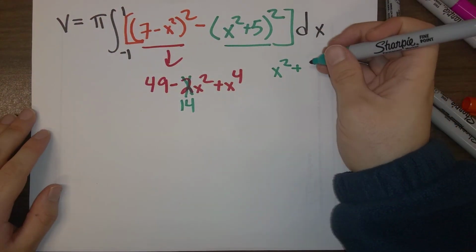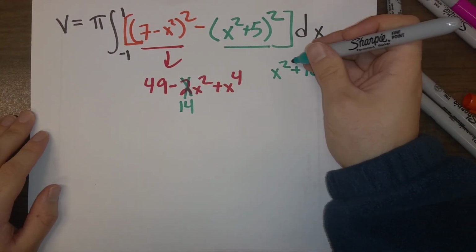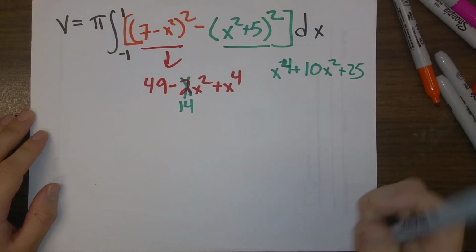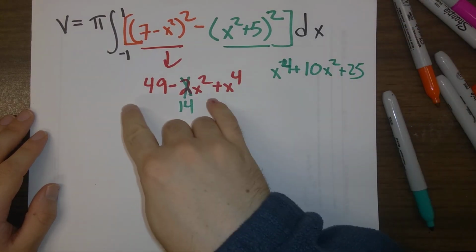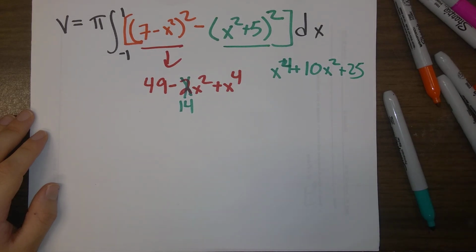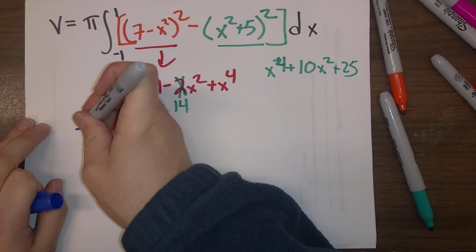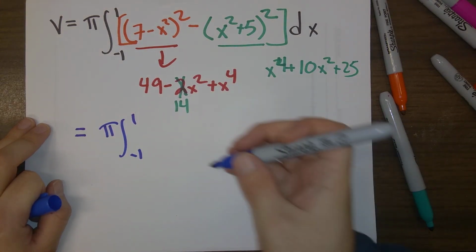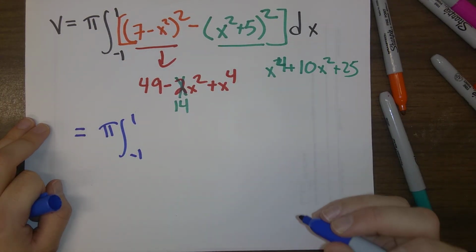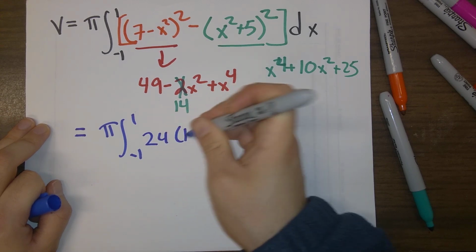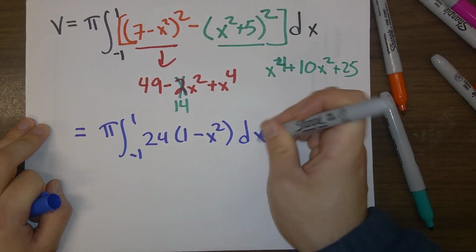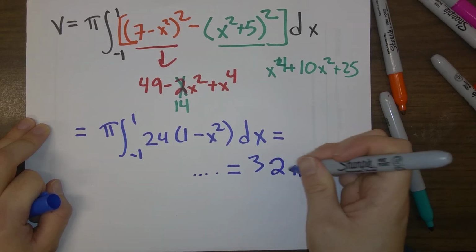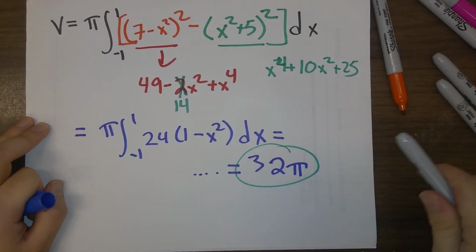And this is x to the fourth plus 10x squared plus 25. And when you do this minus this, you end up with the integral from minus 1 to 1 of 24 times 1 minus x squared. And that's pretty easy. I'll just say your final answer then is 32 pi.